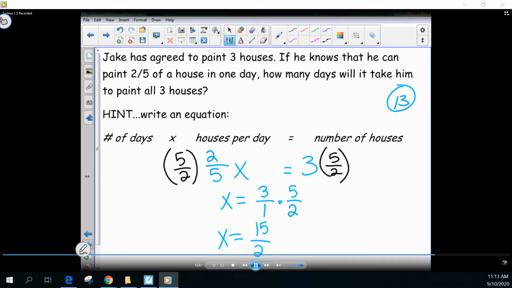And then I need to convert this into a mixed fraction. So 2 goes into 15 7 whole times with a remainder of 1. And then we need to label it because it's a word problem. So we're talking about days. So it would take him 7 1/2 days to paint all 3 houses.